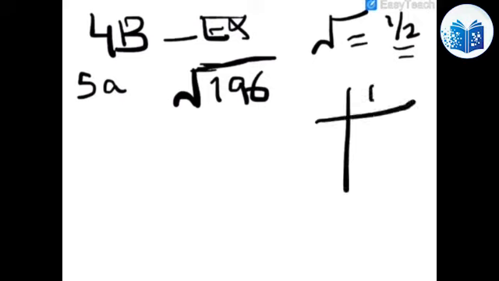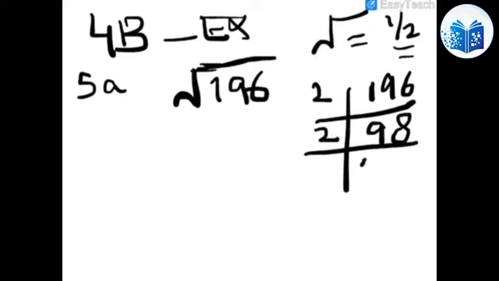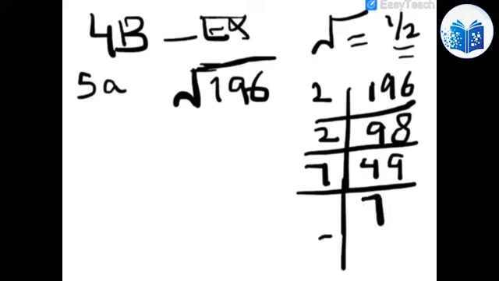196, we did it earlier as well in our first lessons. 2 9s are 18, 2 8s are 16, 2 4s are 8, 2 9s are 18, 7 7s are 49, 7 1s are 7.